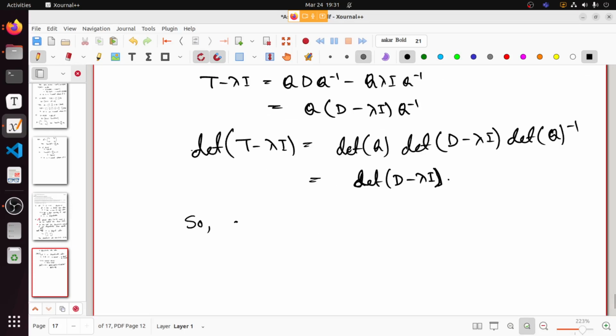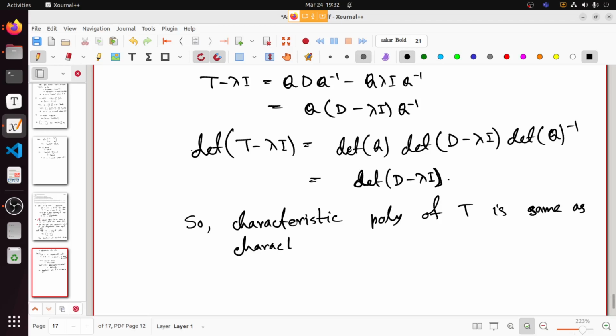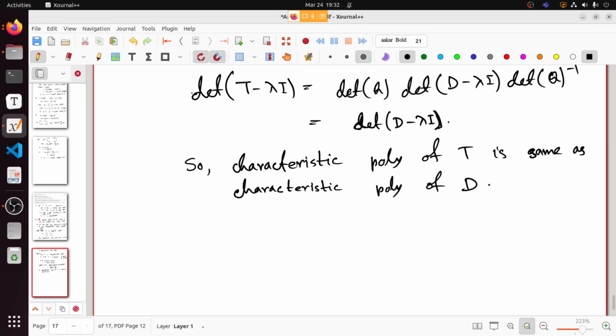So the characteristic polynomial of T is the same as the characteristic polynomial of D, but D is a diagonal matrix.